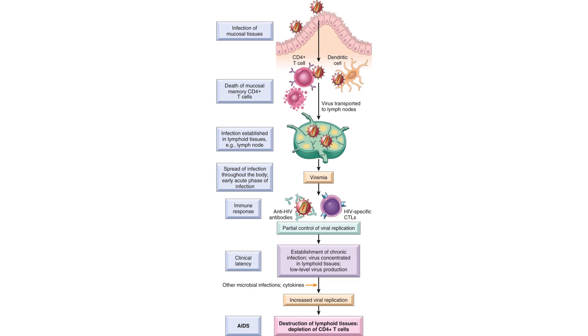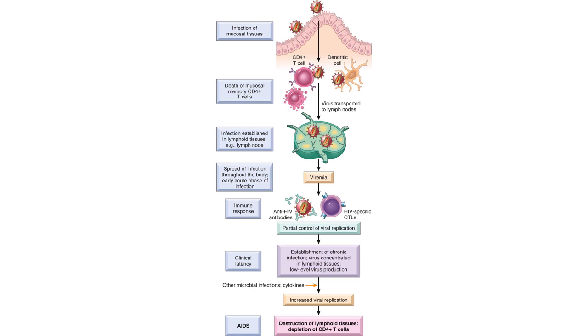the mucosa. Underneath the mucosa, you will find the lymphoid tissue that we call MALT, mucosa-associated lymphoid tissue. In the mucosa-associated lymphoid tissue, you will find two cells. The first cell to be infected by HIV are the antigen-presenting cells called dendritic cells.